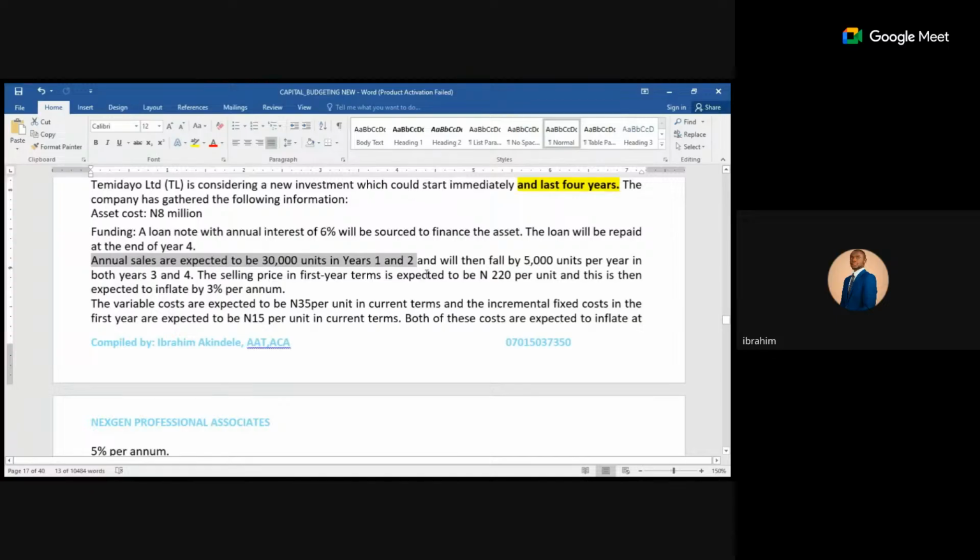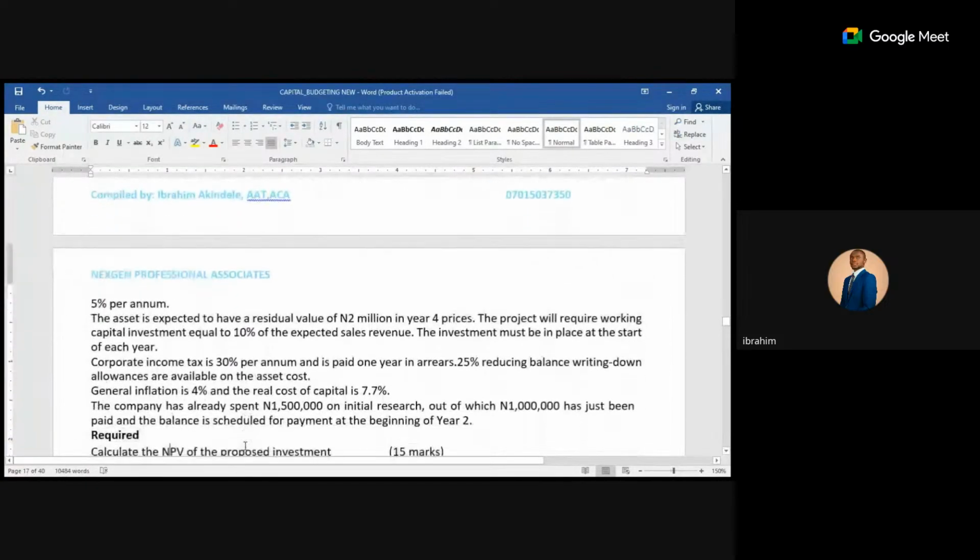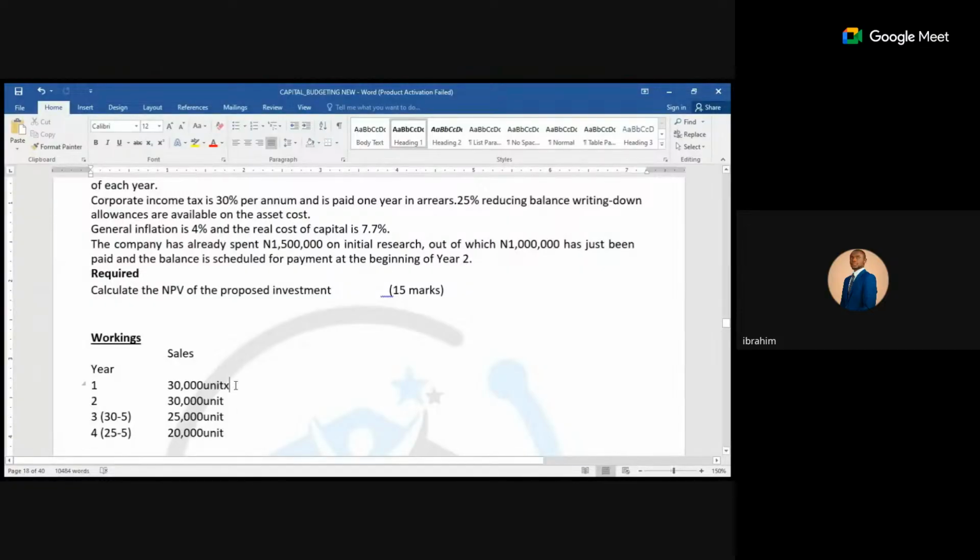Don't forget that the question says the selling price in first year terms is 220. So 30,000 units times 220 naira per unit, leaving it in thousands, we have 6,600.